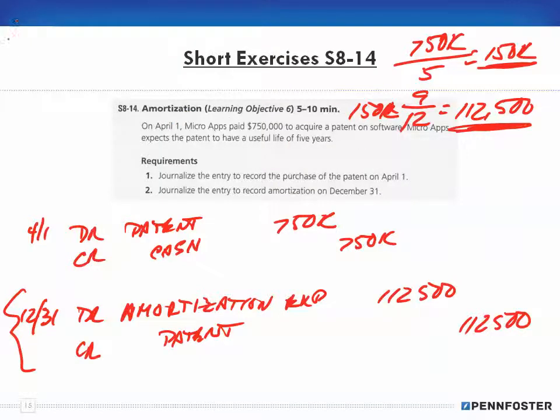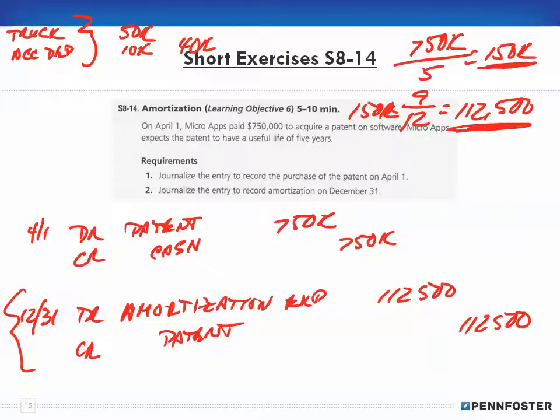Normally for a fixed asset, let's call it a truck, and let's call it 50,000, we'd have our accumulated depreciation account for the truck, and let's just say it's 10,000, so our book value ends up being 40,000. But the point I want to make is that we use two different accounts: a truck account and an accumulated depreciation account.